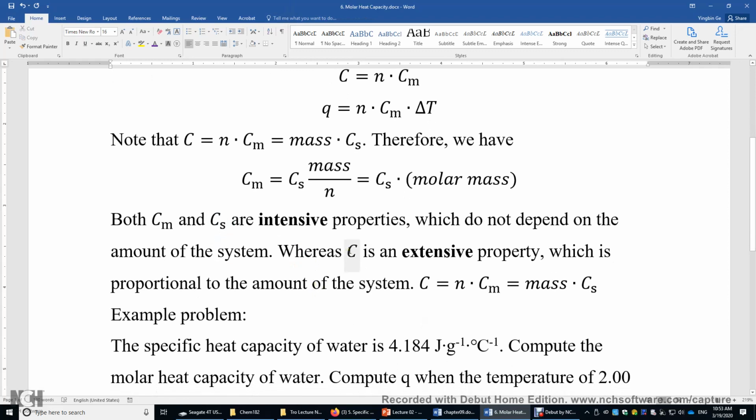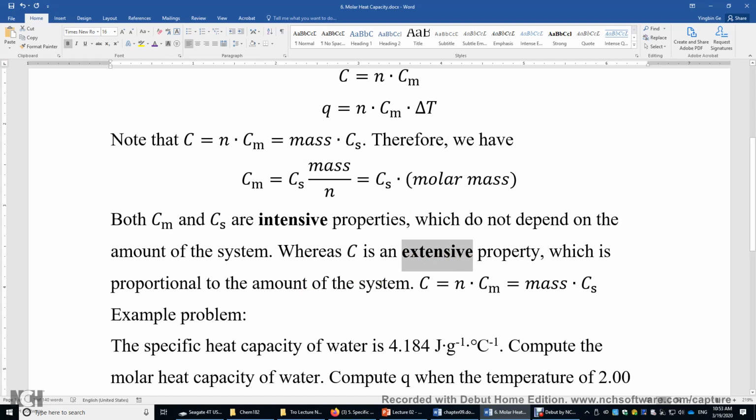C, the heat capacity of a system, however, is an extensive property. So what does this mean? Extensive properties are proportional to the amount of the system.